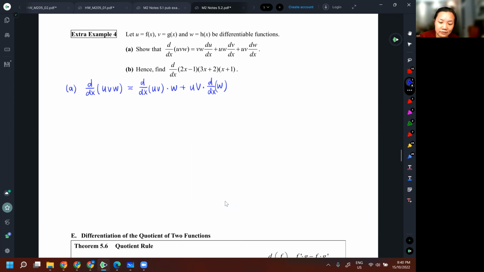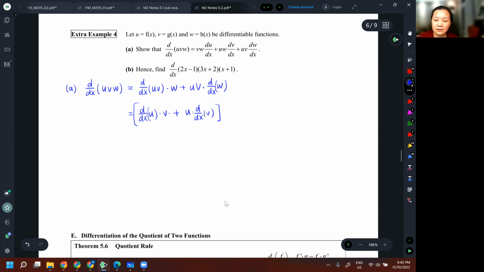Okay? And then for this one, you have d/dx of U times V times W plus U times d/dx of V, and then times W. And then UV d/dx of W. And then you expand it. d/dx of U times VW plus UW dV/dx plus UV dW/dx.